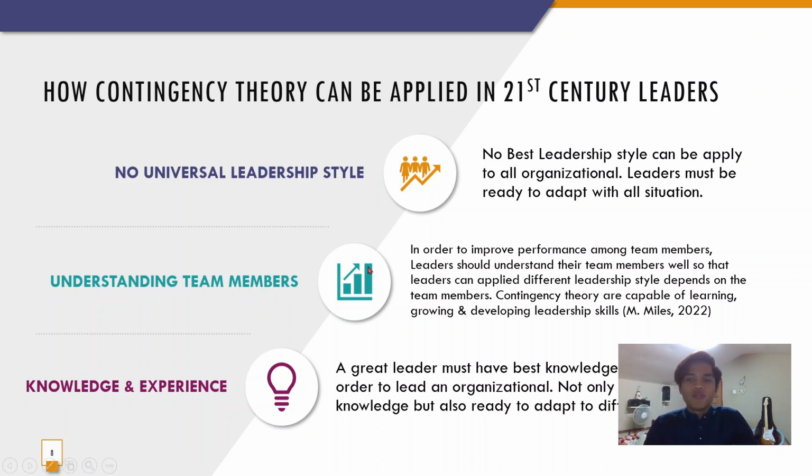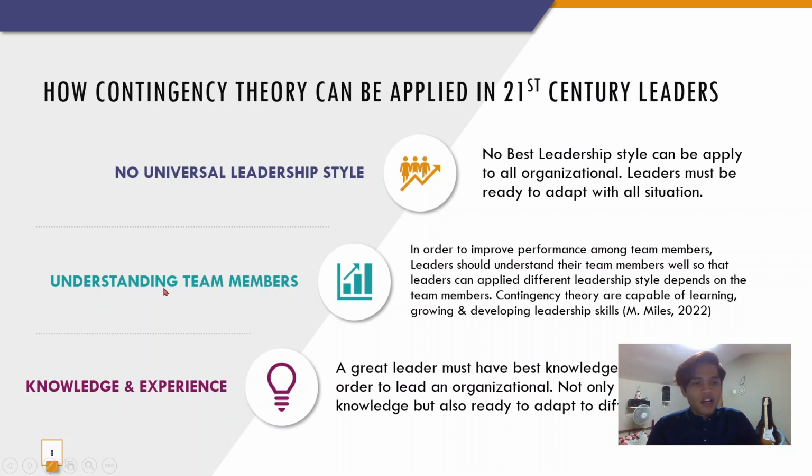As mentioned before, people have different abilities, confidence, and motivation. So not only one leadership style will be suitable for the team members, but leaders must adapt to many different leadership styles so that all of the members will enjoy the leadership style.